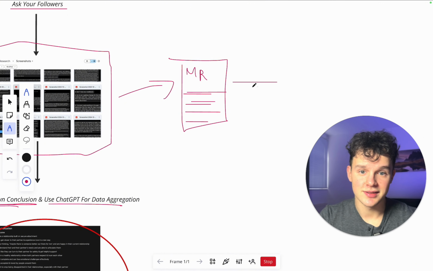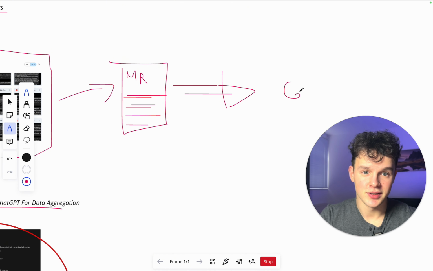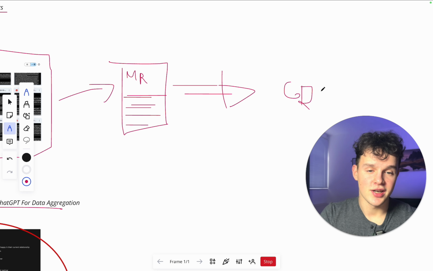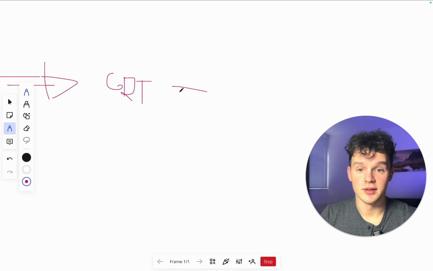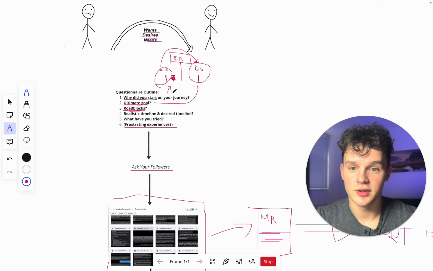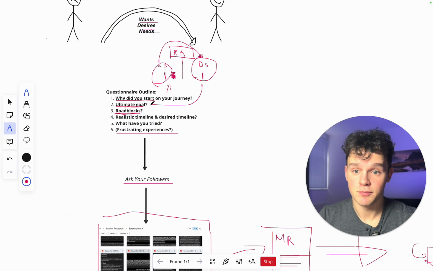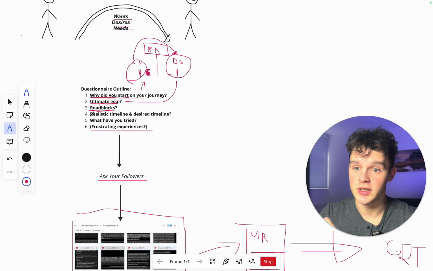Then we took this market research document, we fed it into ChatGPT, and then from ChatGPT, we asked it specific questions about the offer. So we were asking ChatGPT about the average answer that people gave. So what's the average answer for number 1? What's the average answer for number 2, for number 3, 4, 5?